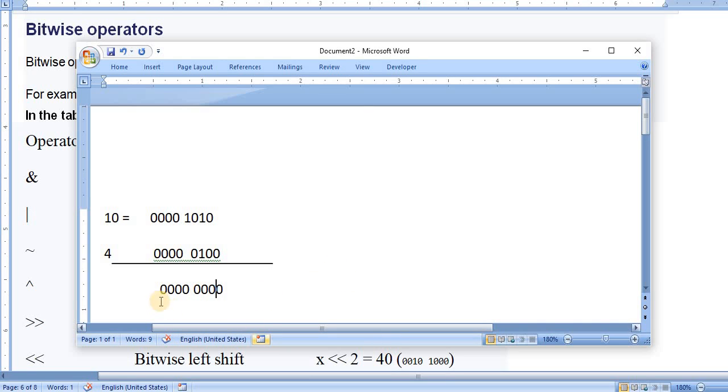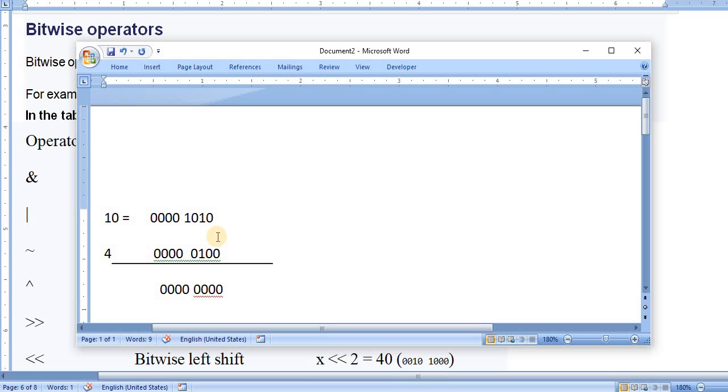So that's why this is returning 0. Okay, so it will compare bit by bit. This bit will compare with this bit, and then the next bit will compare with the next bit. Then again the next bit will compare with the next bit. The next bit is compared with the other bit.